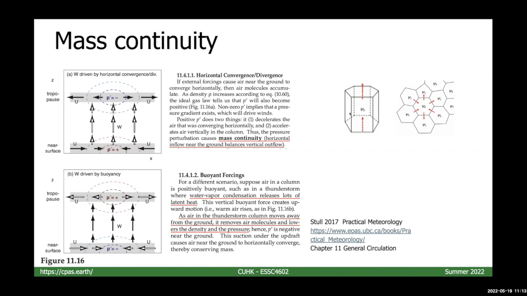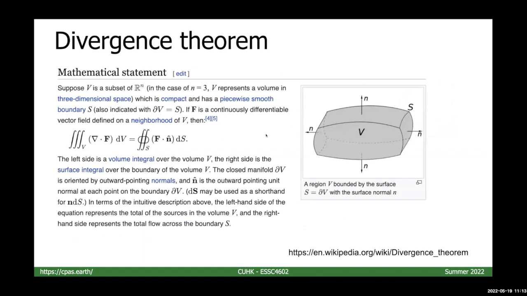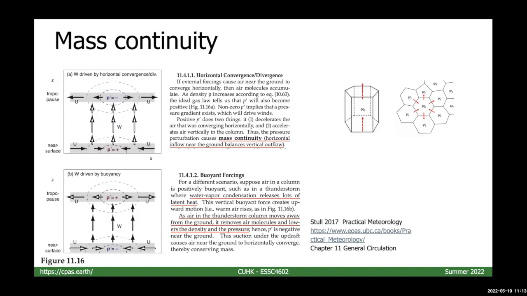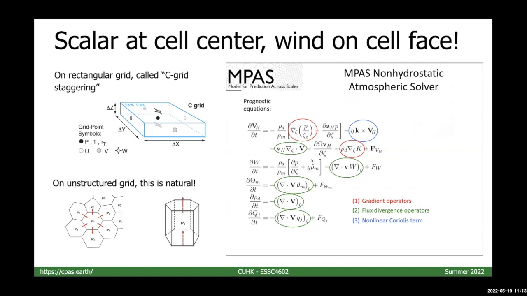But as the divergence theorem says, if the upper and lower face is free to move, then the flux goes in from the horizontal faces, but the flux will go out from the upper face, and then the pressure will not build up. When pressure tries to increase, this coupled equation will result in W, the vertical wind, increasing.